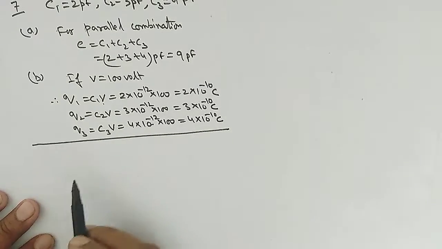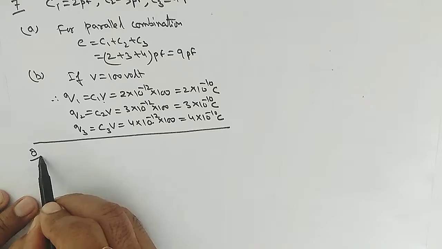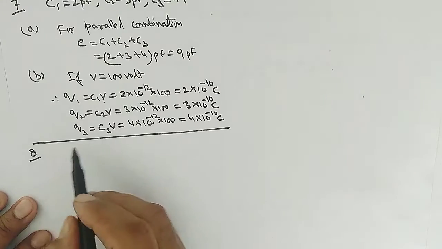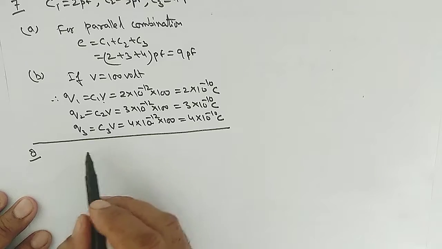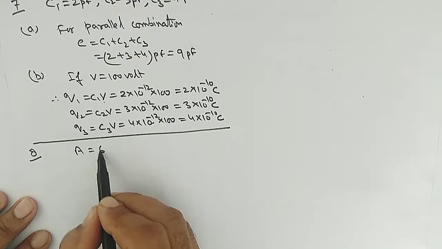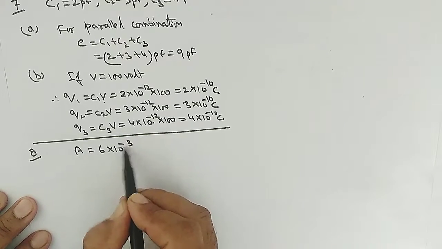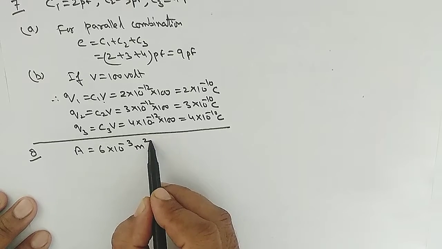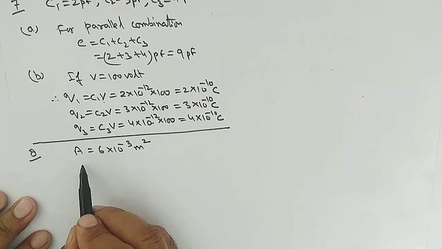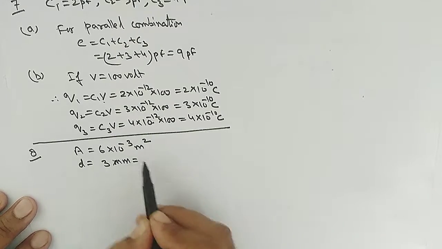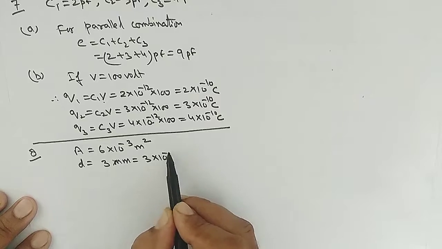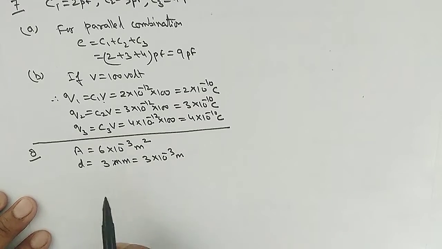Now come to question number 8. In a parallel plate capacitor with air between the plates, each plate has an area of 6 into 10 to power minus 3 meter square, and the distance between the plates is 3 millimeter. So D is equal to 3 millimeter, which means 3 into 10 to power minus 3 meter.